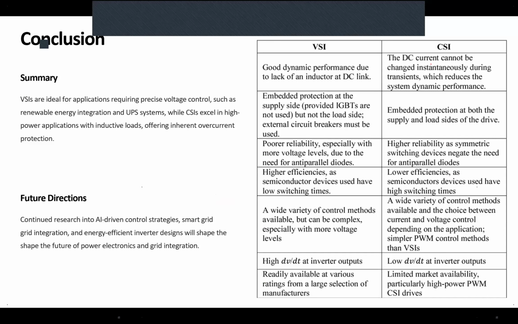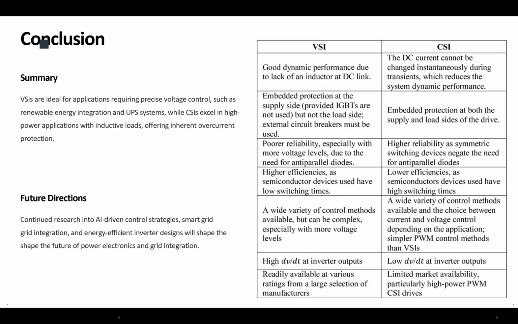In CSI, the current cannot instantaneously change, so it reduces the system dynamic performance. We already talked about that. The CSI inherently tries to regulate current, so it cannot allow sudden changes in current.